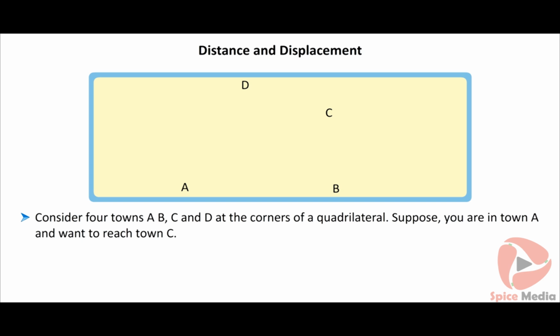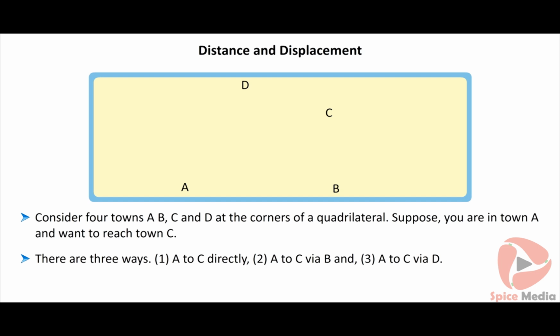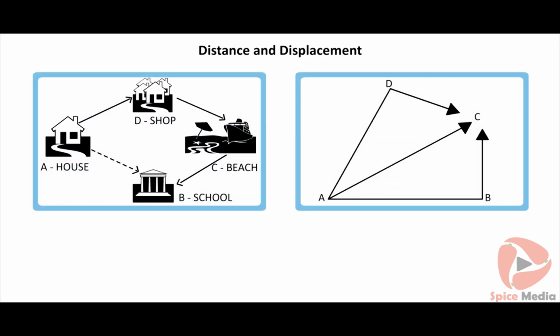Suppose you are in town A and want to reach a town C. There are 3 ways: A to C directly, A to C via B, and A to C via D. Out of the 3 routes, which is the shortest one? You can easily identify that the direct route from A to C is the shortest.